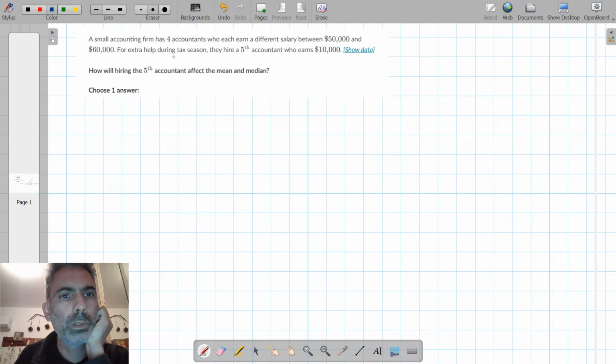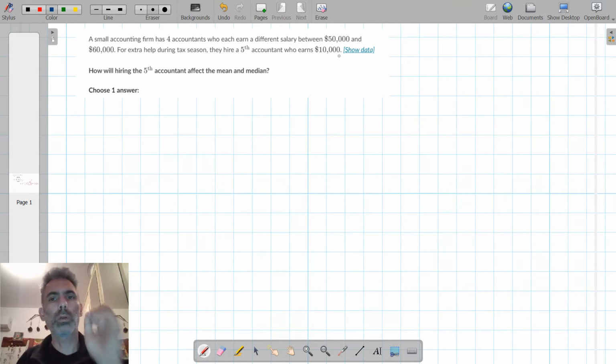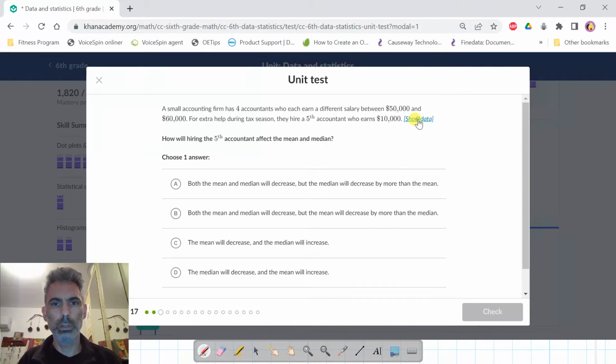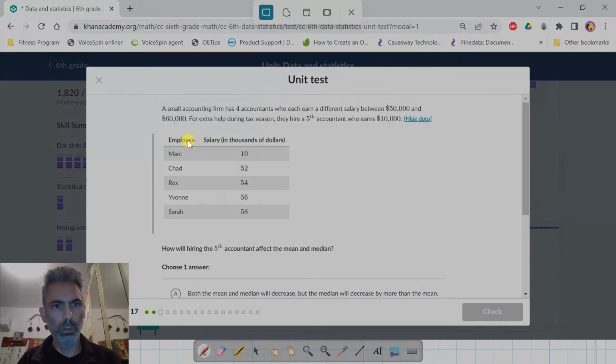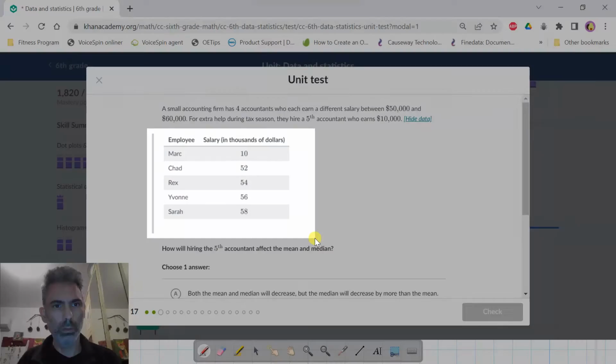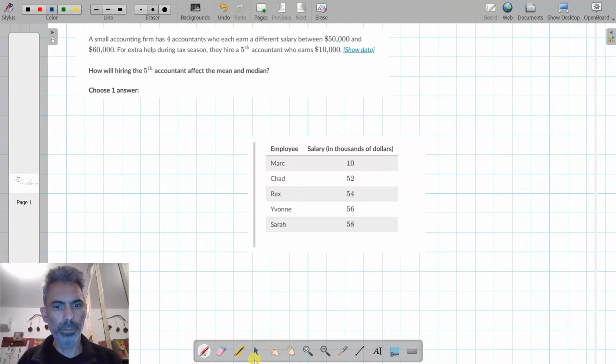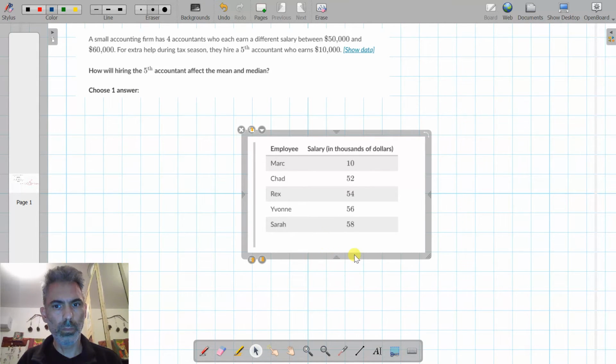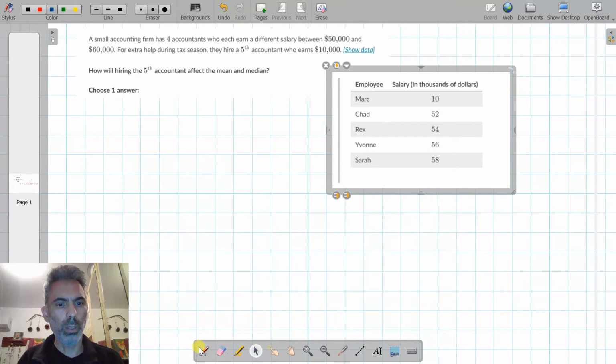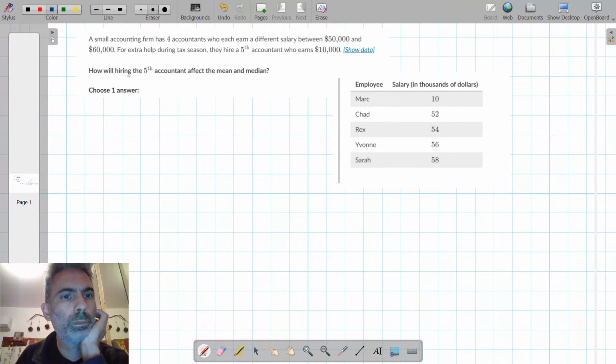For extra help during tax season, they hire a 5th accountant who earns $10,000. Okay, show data. How will the hiring of the 5th accountant affect the mean and the median?